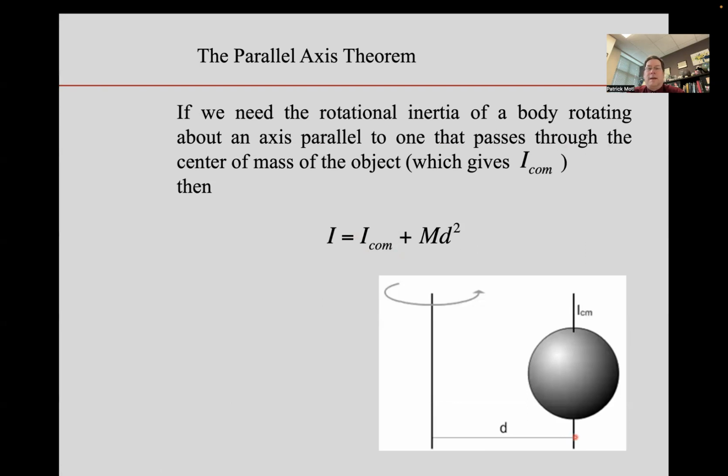It's a very handy result for finding rotational inertia in more complex geometries. As long as the axes are parallel, it's just a little mathematical proof that you're just translating it over, and that's all you have to worry about. So that parallel axis theorem can extend the results you have in the previous table.